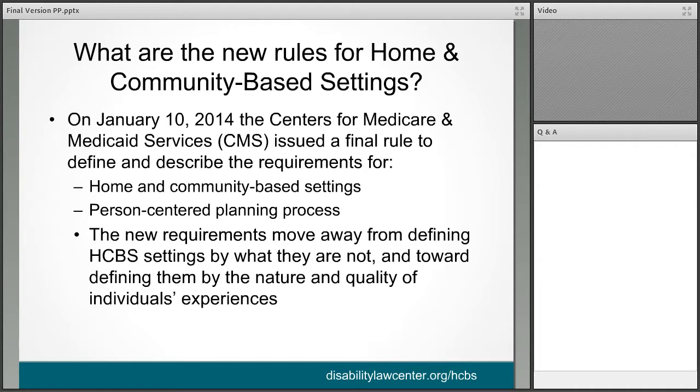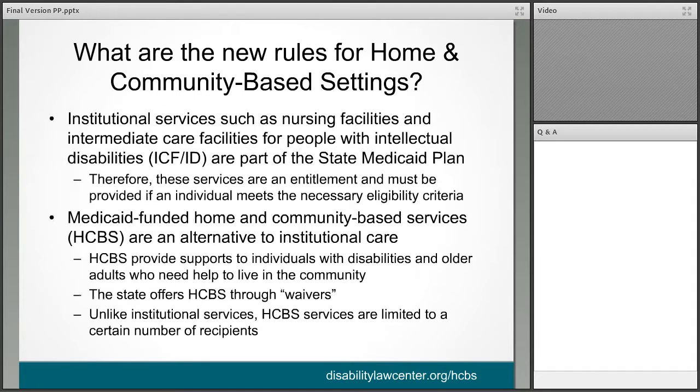It's important to keep in mind as we review the requirements that the rule seeks to define settings by the nature and quality of an individual's experience. What that means is that these rule requirements are not a one-size-fits-all definition, but rather they should be tailored to an individual's needs, preferences, and strengths. It will just look different depending on the individual and what supports they may need.